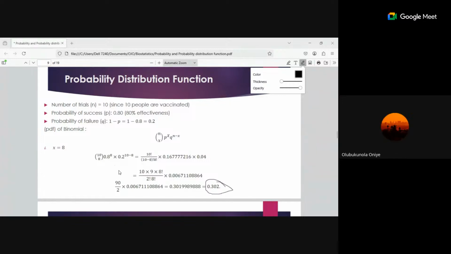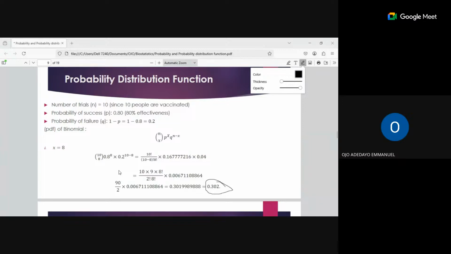Okay, sir. So does it mean that that factorial thing is a constant? Like when we have 10, anytime we have an equation, like when we are using that formula, does it now mean that this 10 combination 8, by the time we are opening it, we will now have 10 factorial over 10 minus 8 in brackets factorial, 8 factorial? Yes. Is that a constant whenever we want to?